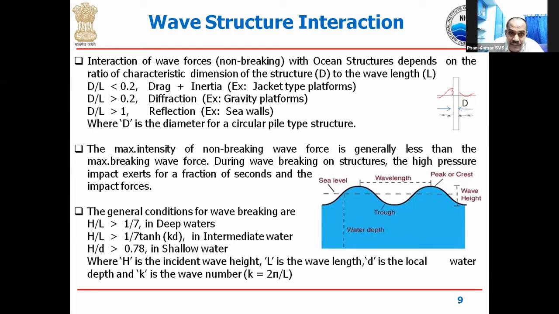Then we should be looking at exactly what types of loads will come for the type of waves that we expect on the structure during its lifetime. After we install, we cannot say we did not design the structure for a freak event that happened after 2 years. So we have to consider what is called the 50-year design life, what is the wave that is expected, or the 100-year design life, what is the wave that is expected.